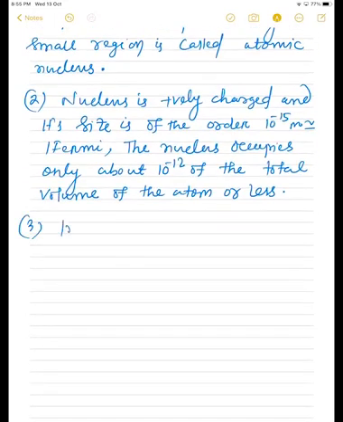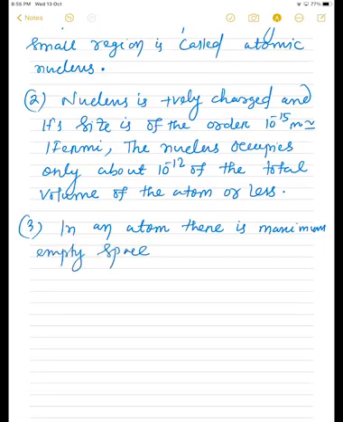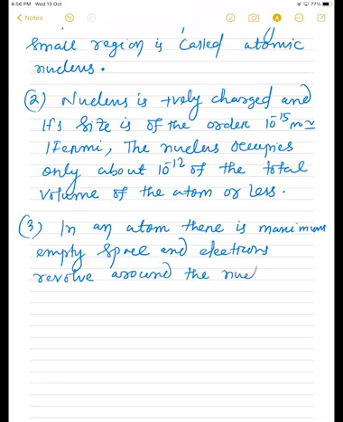Next, last. In an atom, there is maximum empty space and the electrons revolve around the nucleus in the same way as the planets revolve around the sun.